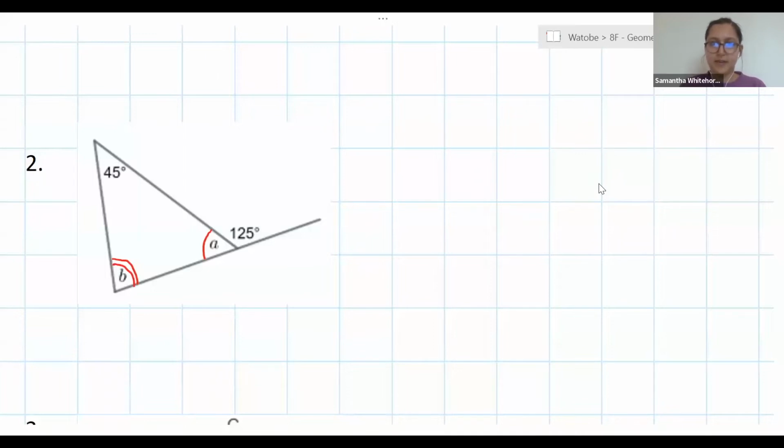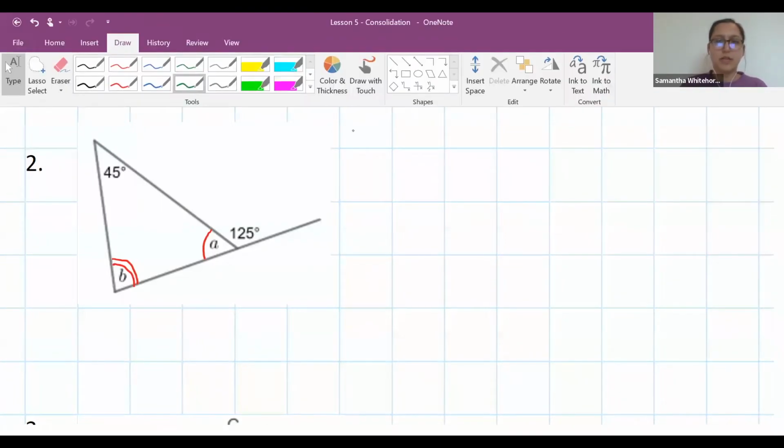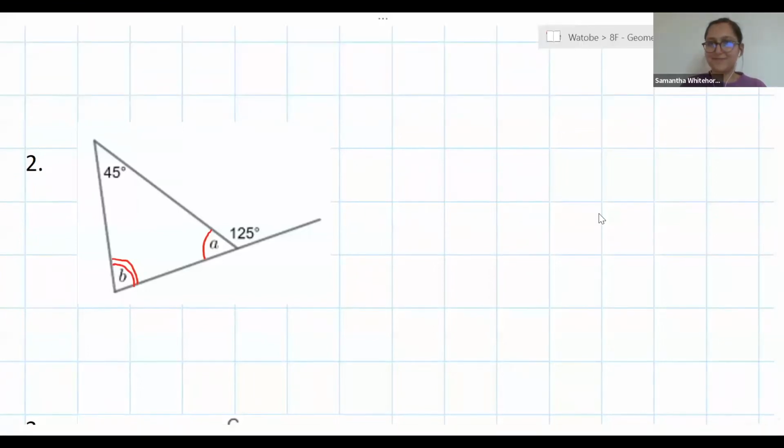Alrighty, Yolanda, I think we can have a look if we've got some hands. Yes, we do. Esther, we're coming to you. Hi, ma'am. So I want to solve for angle B. I said 45 degrees plus B is equal to 125 degrees because of exterior angles.